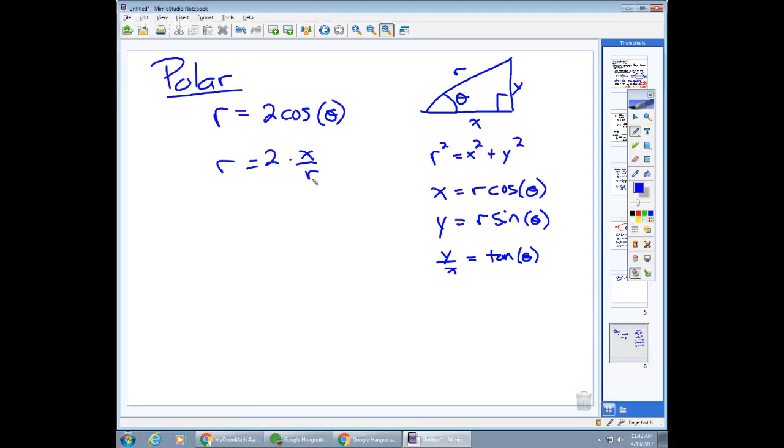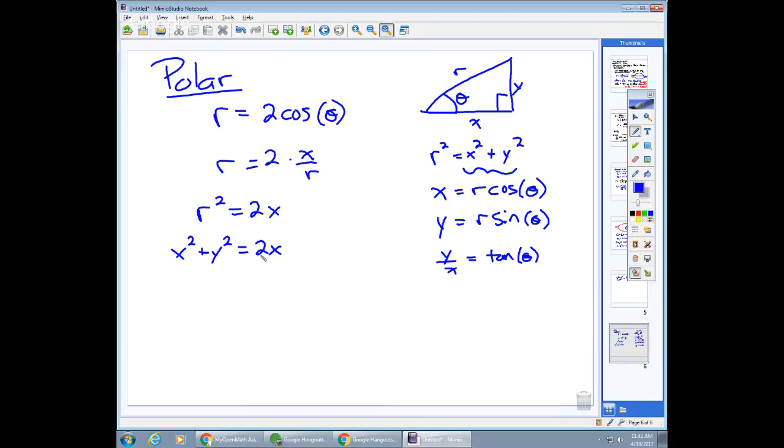The reason I'm doing this is because I can put that r to the other side and get an r squared, so I don't have to worry about square roots. So r squared is equal to 2x, and I know r squared is equal to x squared plus y squared.